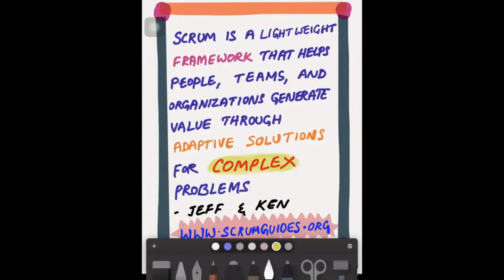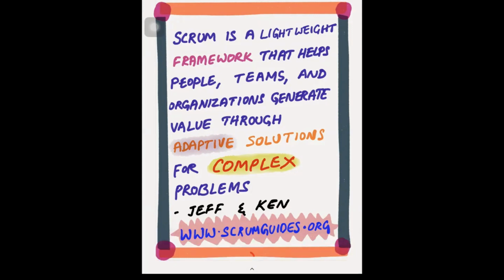So we need to focus on creating adaptive solutions. Adaptive solution means not stringent, not rigid, flexible, changeable, upgradable, enhanceable. So Scrum helps you to solve complex problems where unknown is more than known by building adaptive solutions.